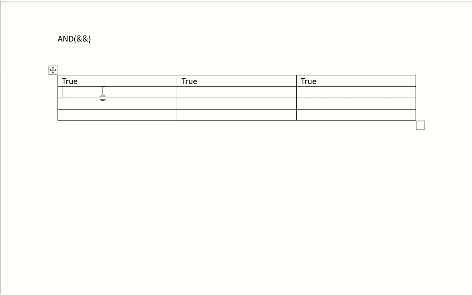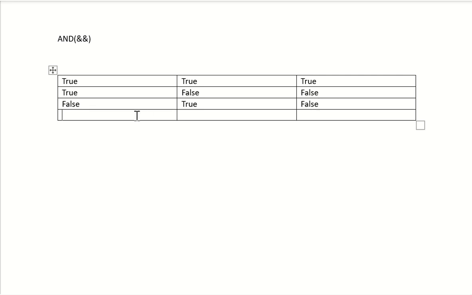Now if the first is true and the second is false, then what will be the output? False. That is the rule. If false and true, what will be the output? False.